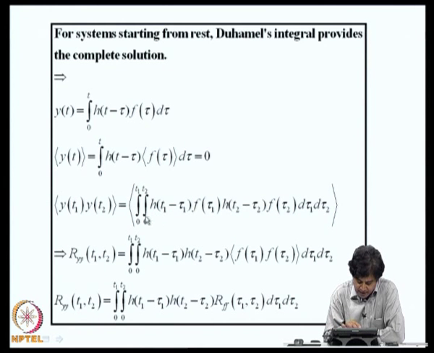So, we know the expectation operator, assuming that this integration and the expectation operator can be interchanged. If we do that, we will be left with the expected value of f of tau 1 into f of tau 2. This is deterministic, so this can be pulled out. So, we get here the covariance of the response process in terms of the covariance of the input process. So, this can be viewed as the input-output relation for the covariance of the output in terms of the covariance of the input.